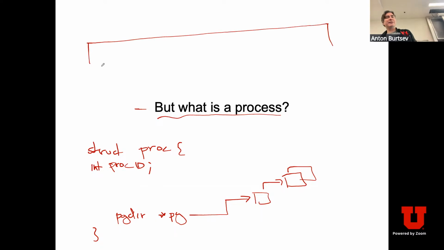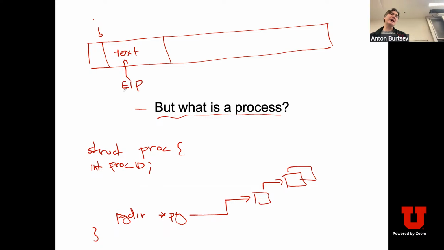We load it. And when we were loading it, it was linked for us to run at some address. Let's say maybe it's not 0, maybe it's 0. It's a text section. And when we loaded it, before running it, we set the instruction pointer to point to the entry point.